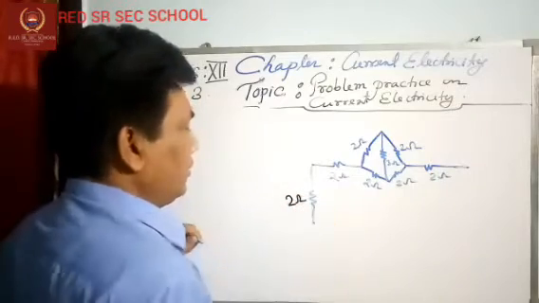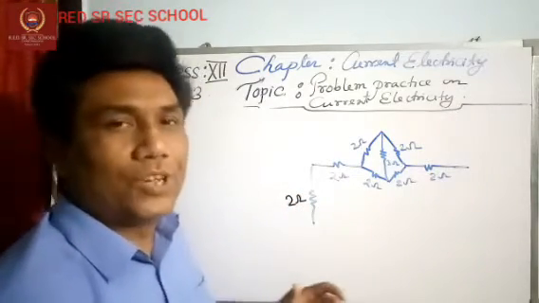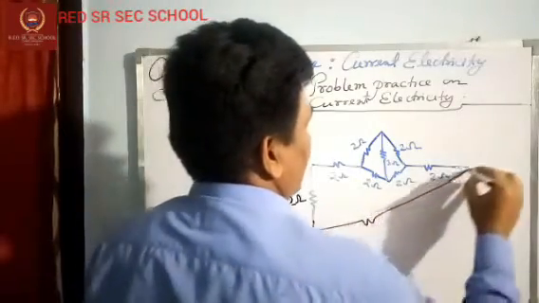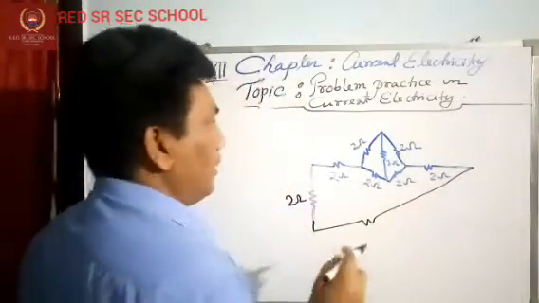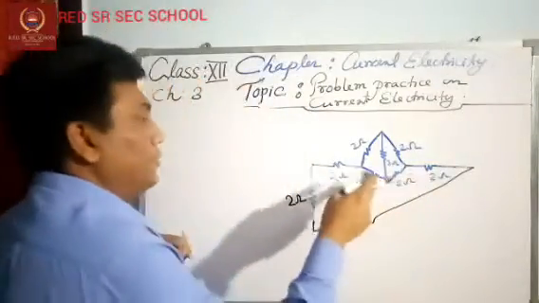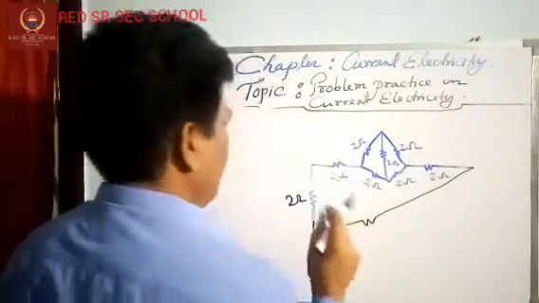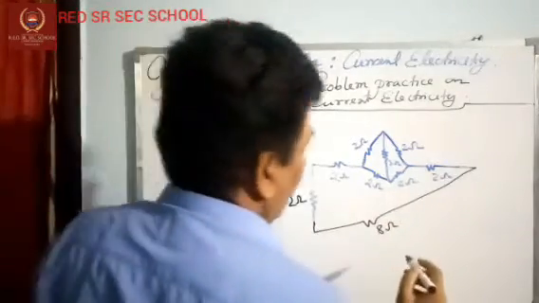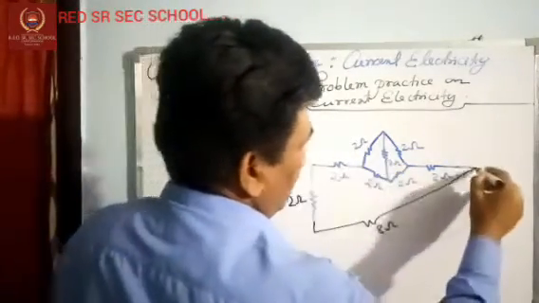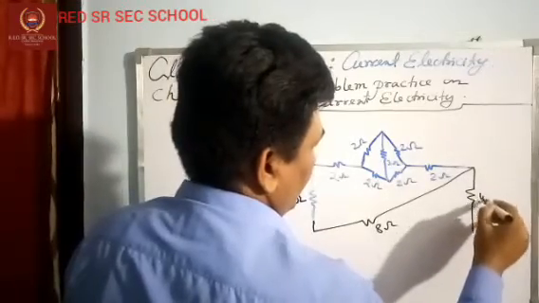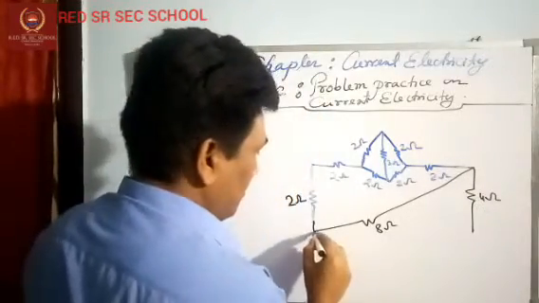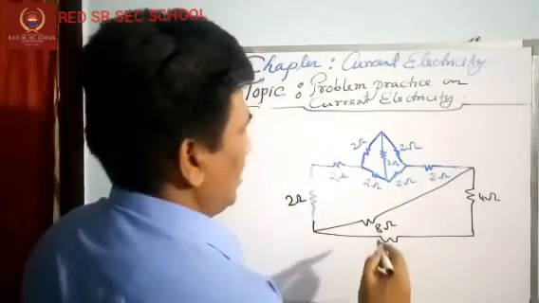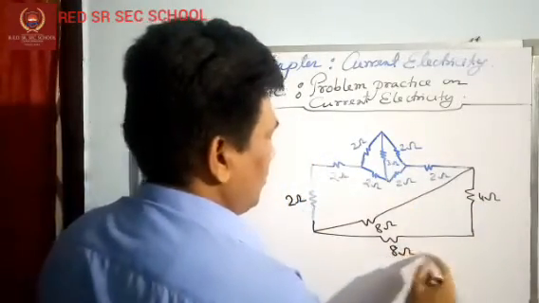I am going to ask you a big question. This is another resistance, say this is 8 ohm. And this is another resistance, say this is 4 ohm. This is again 8 ohm.